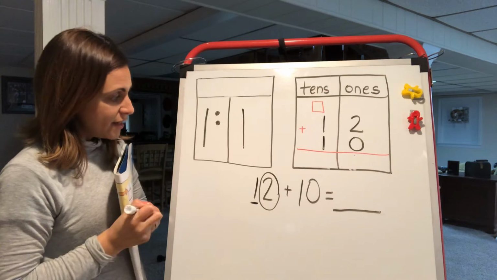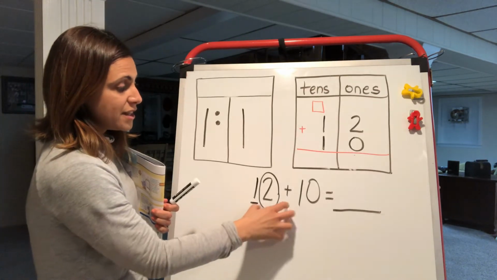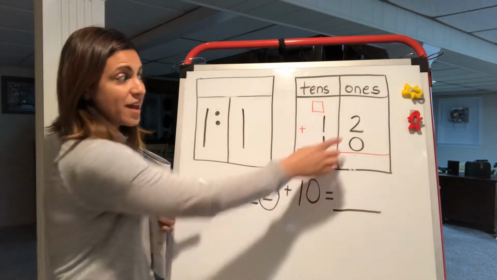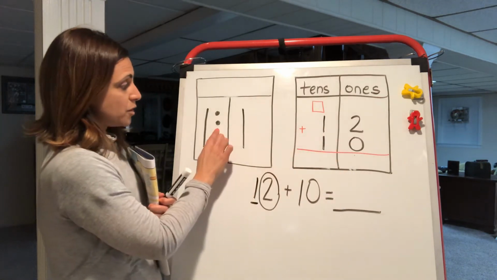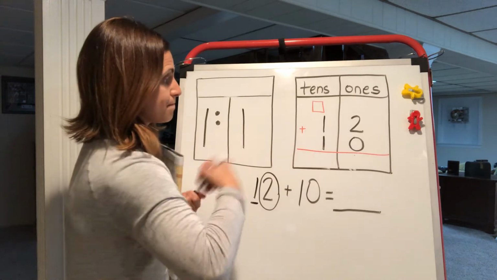Okay, now just like we did Monday, Tuesday, and Wednesday, let's look at these. When we looked at the ones, we said, oh, there's 0 and 2. Well, it's the same here. What is 2 plus 0? 2 ones plus 0 ones is 2 ones.